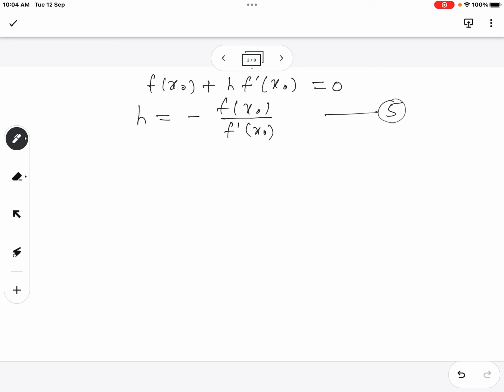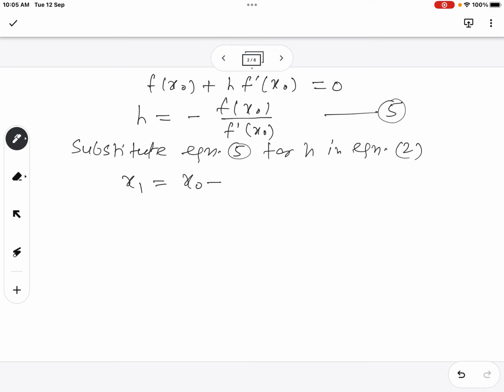Now if I substitute equation 5 for h in equation 2, I get x1 is equal to x0 minus f at x0 divided by derivative of function at x0.